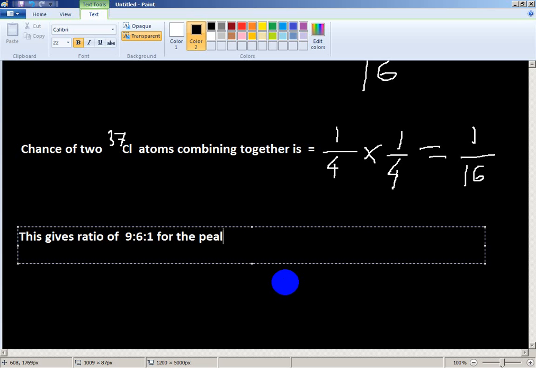These correspond to the peaks in the mass spectrum, the mass to charge ratio of 70, 72 and 74.